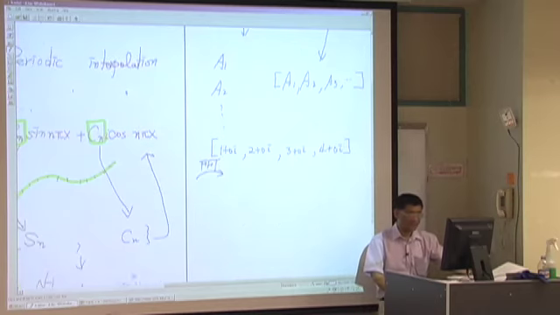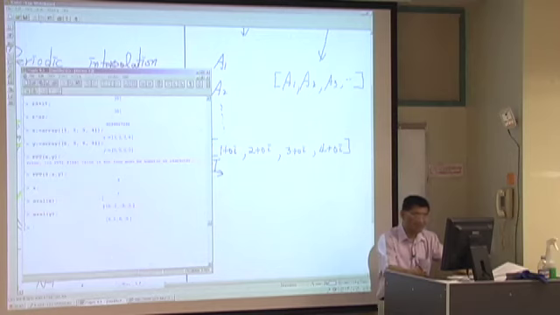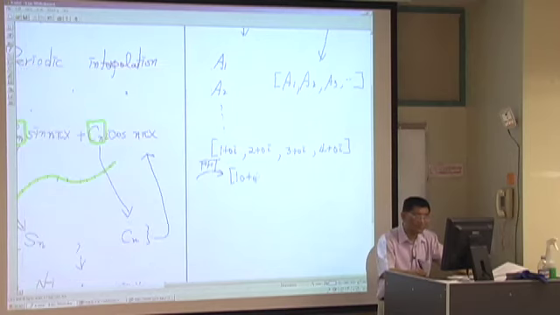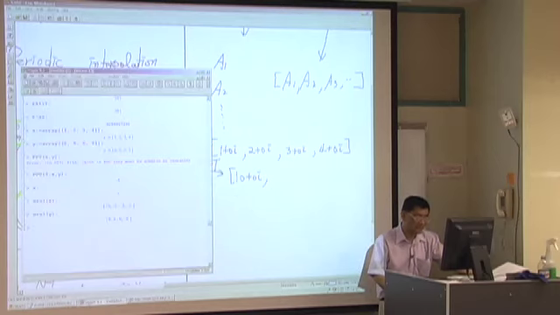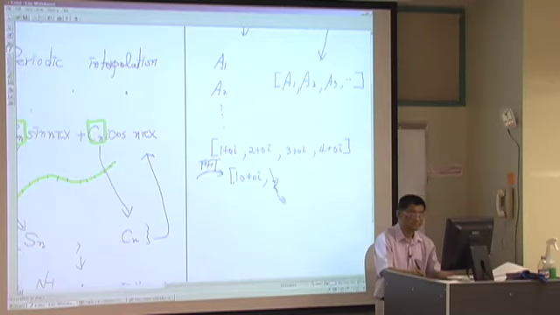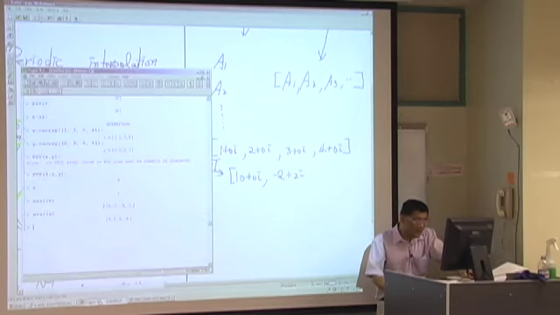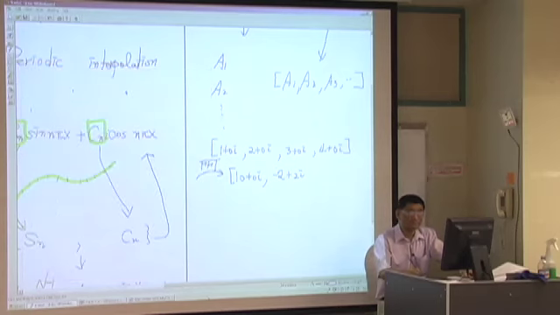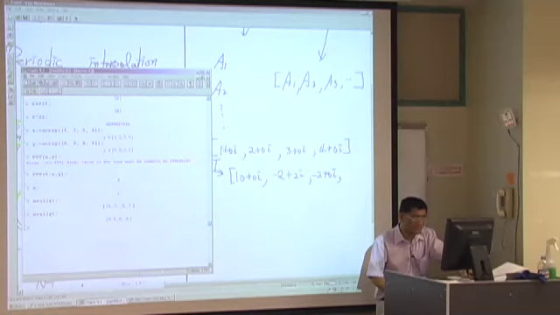Then the result is 10 plus 0i, and minus 2 plus 2i, and the next thing is minus 2 plus 0i, and finally minus 2 minus 2i.